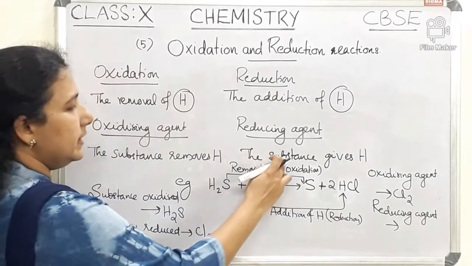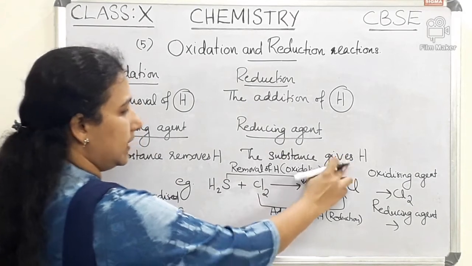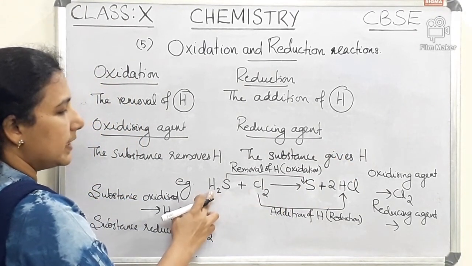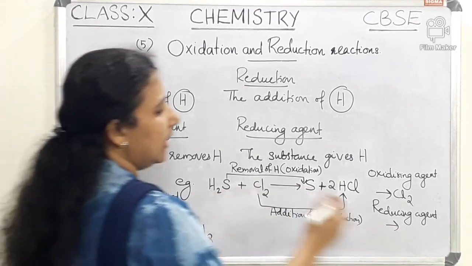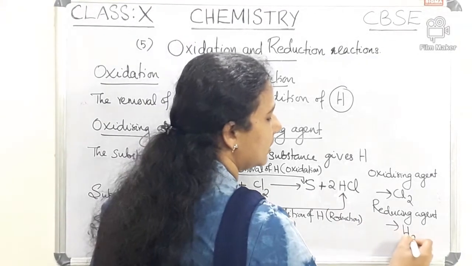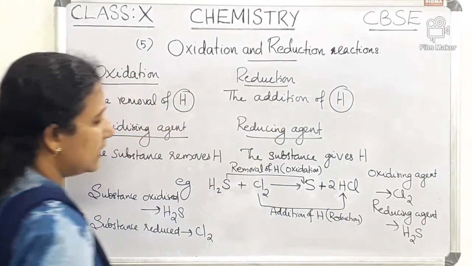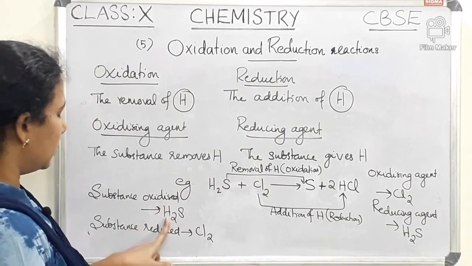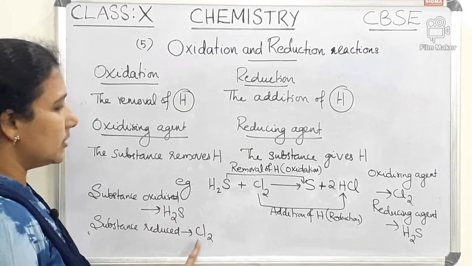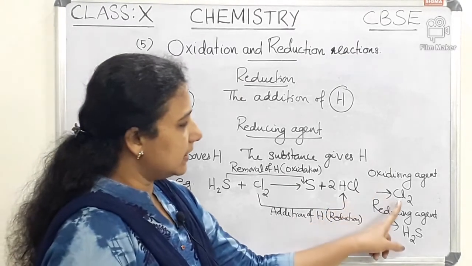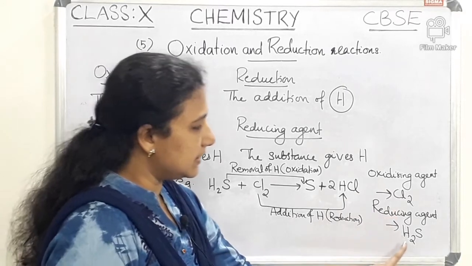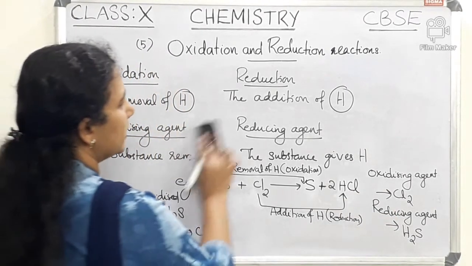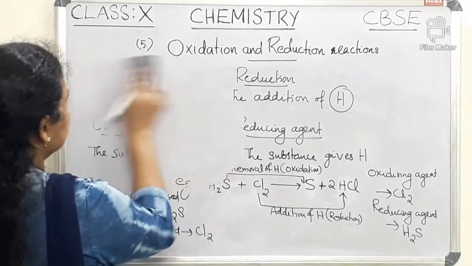The reducing agent is the substance that gives hydrogen. Here the substance that gives hydrogen is H2S. That means H2S is the reducing agent. So these are the 4 points: substance oxidized is H2S, substance reduced is Cl2, oxidizing agent is Cl2, reducing agent is H2S.